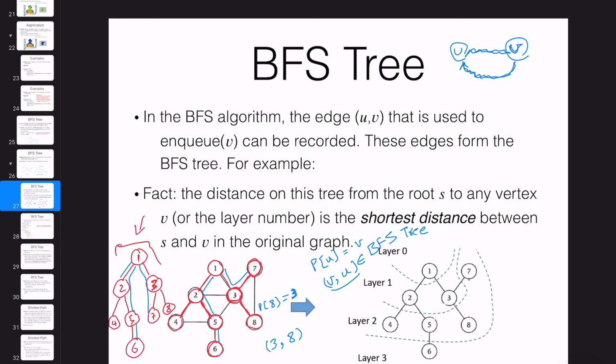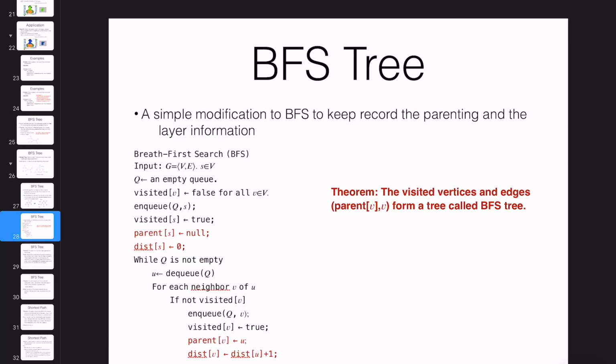Starting from any node, you can find the shortest path from the starting point to that node by just following the parents in reverse. So to update and keep this information, I'm going to add this array parent, and you just initialize the parent of the starting node to null, because no one is going to be the parent of the starting node, right?